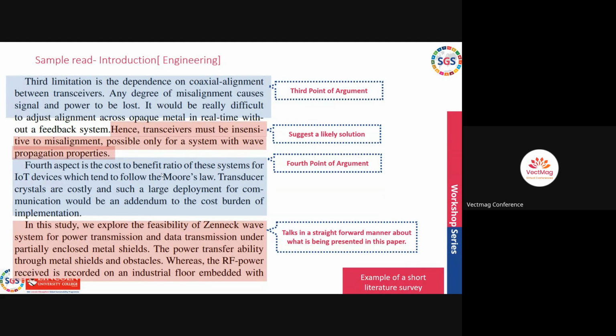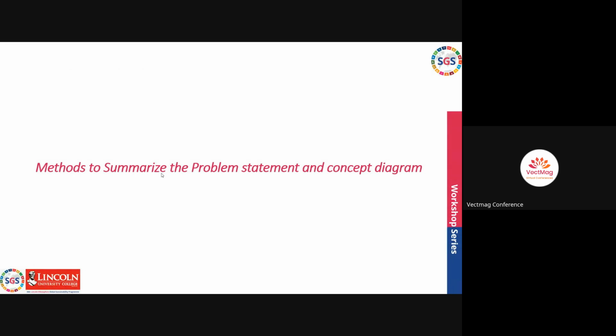Once you have 3-4 points of argument, and you're suggesting a solution for that, that is it. You are done with the first section. Now you can go into the next section, that is, summarize the problem statement and the concept diagram. Then you will move into methods or results and discussions, and so on and so forth.